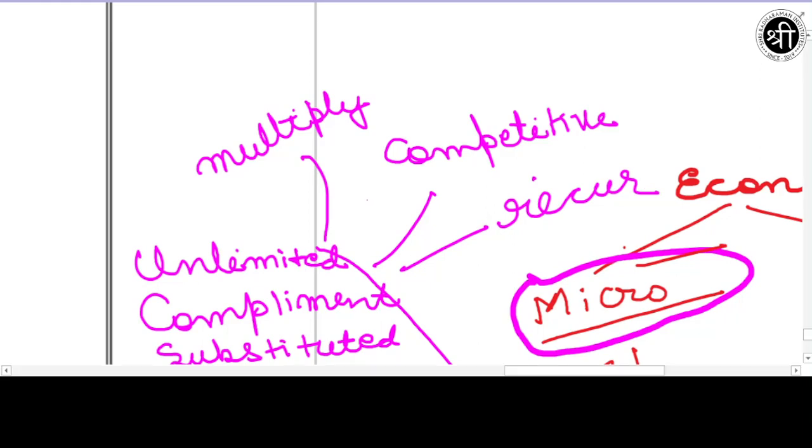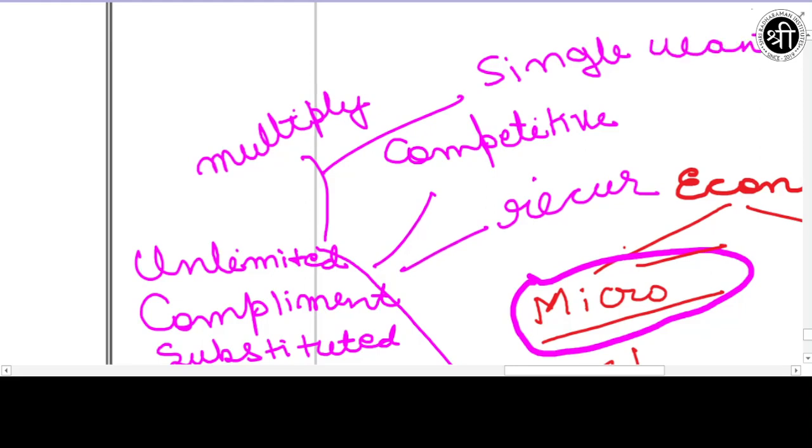Okay. The next one is that although we cannot satisfy all the wants, we can satisfy a single want. It means if you have a lot of wants, then at one time only one want can be satisfied. You cannot satisfy all the wants simultaneously.